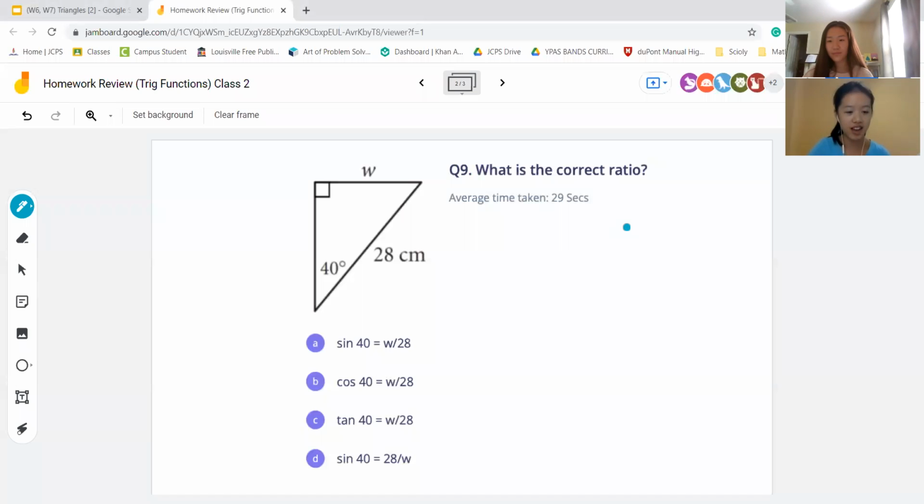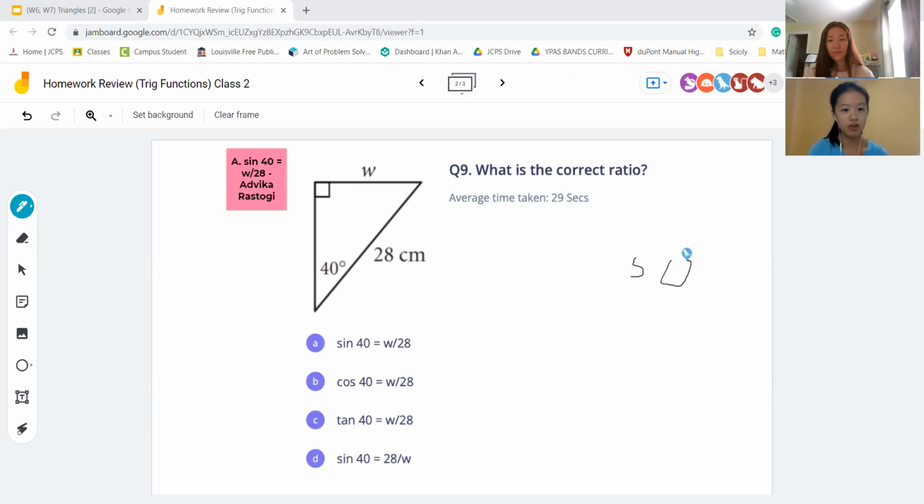For this one, it's asking which of these is the correct ratio. So let's look at each of these answers and see if they're right or wrong. Answer A says that sine of 40 degrees is equal to W divided by 28. Sine of an angle is the opposite side divided by the hypotenuse.